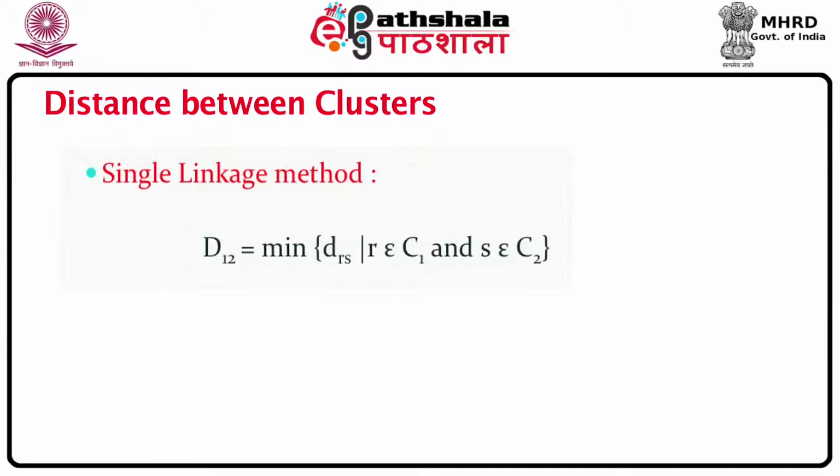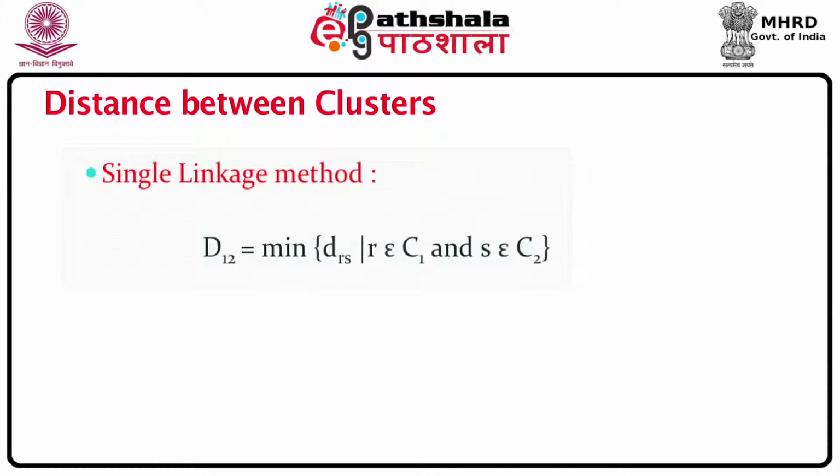So it's the minimum of DRS, where R belongs to the first cluster and S belongs to the second cluster. So we look at all the distances between the two groups and find the minimum of these, and we call this the single linkage distance.